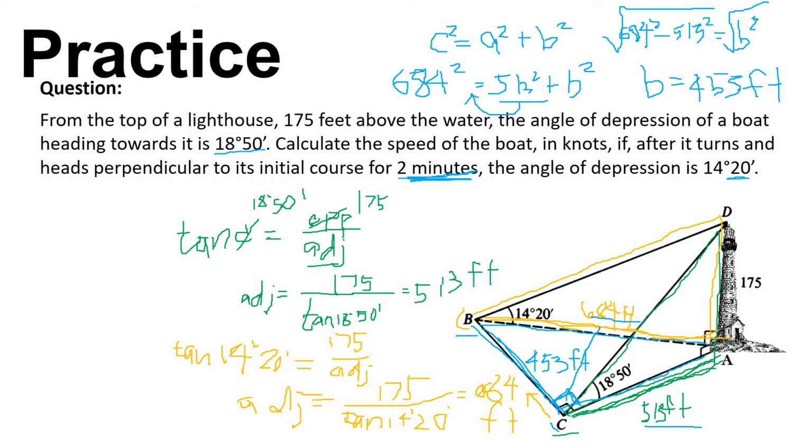Lastly, we need to solve the speed of the boat. The formula for speed is distance over time, the distance traveled over a period of time. So as we have solved, the distance traveled by the boat is 453 feet, and the time is 2 minutes.